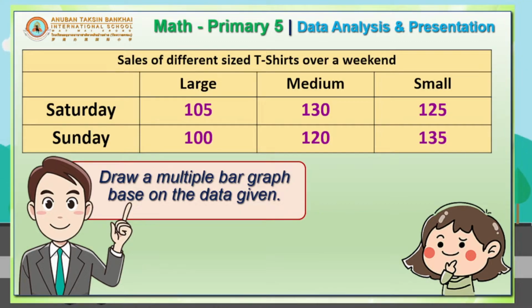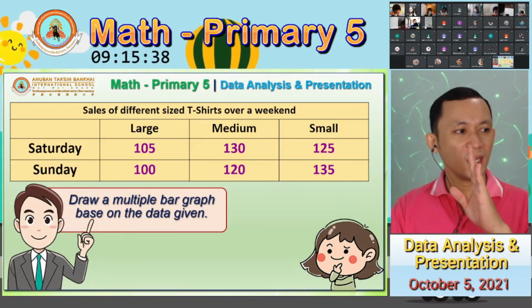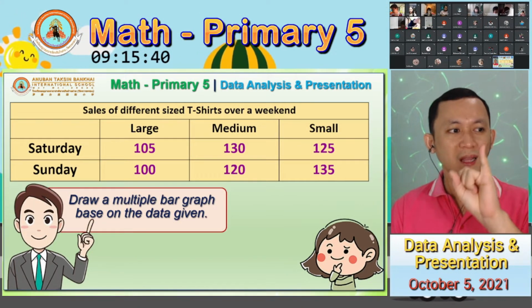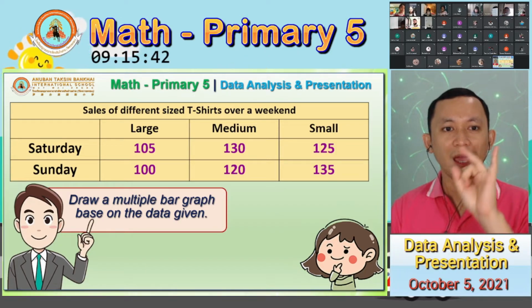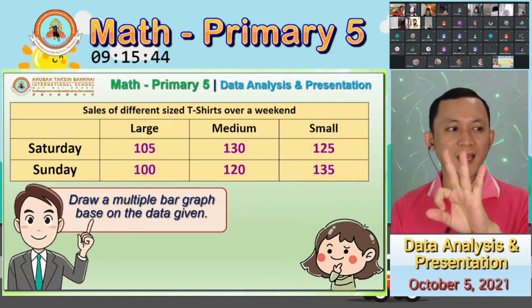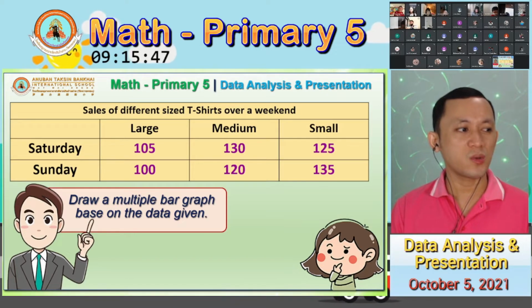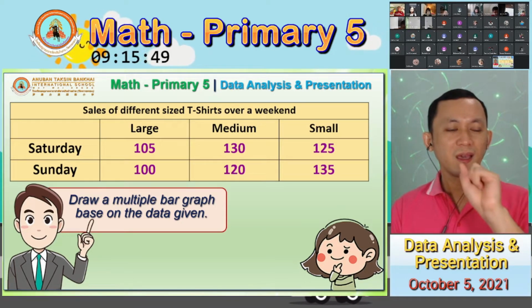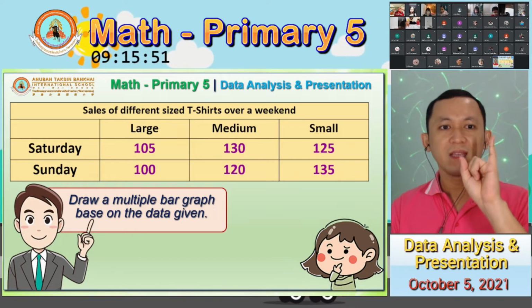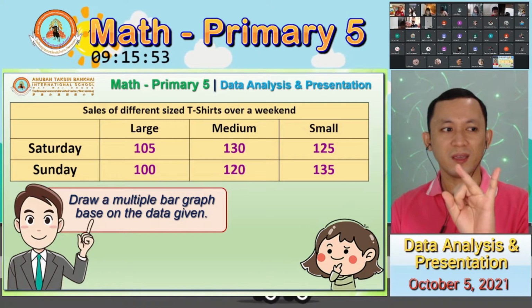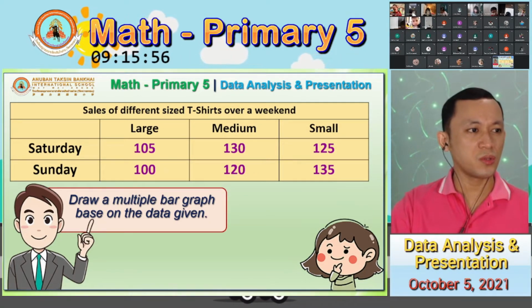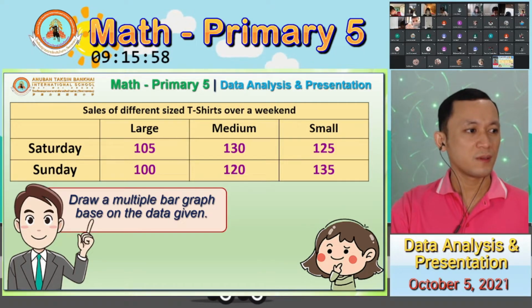So, how many shirts were sold on a weekend? Here you will see the sizes: large, medium, and small. And we also have the weekend: Saturday and Sunday. So how are we going to do a bar graph?